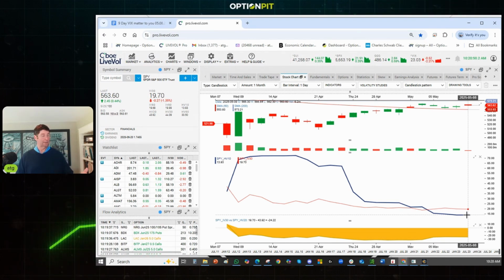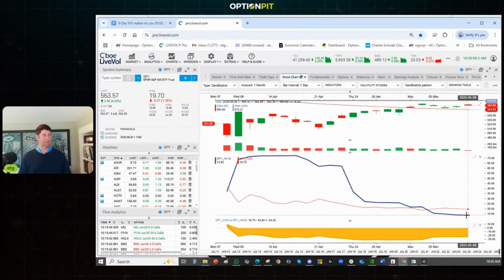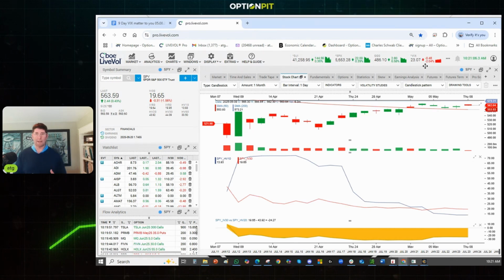So with 9-day VIX at a 23, the close-to-close volatilities have been on a long, slow descent. But VIX and 9-day volatility has not gotten down there yet. The market is not ready yet to let it go. Traders still will pay up for that volatility.